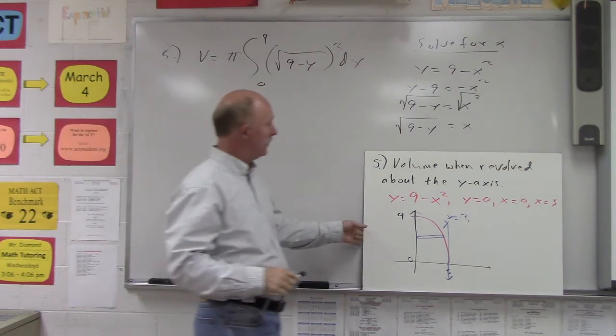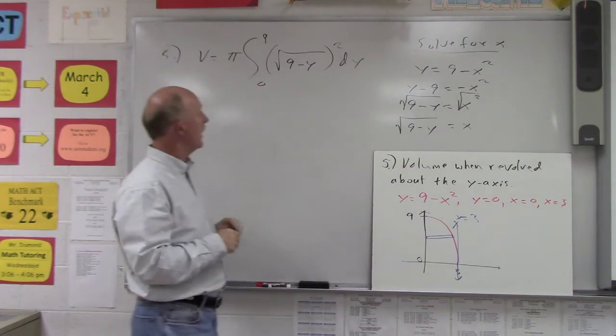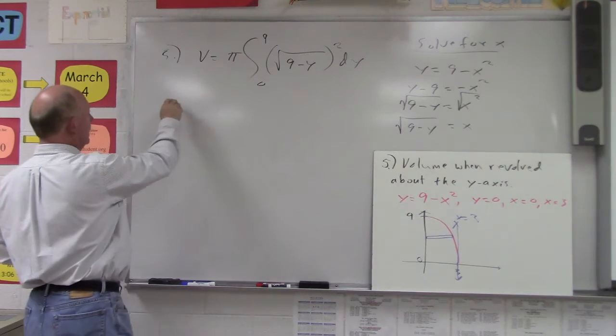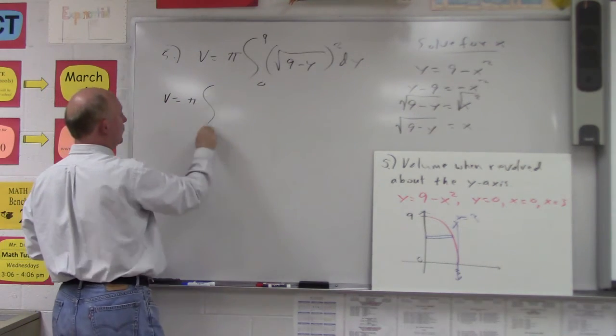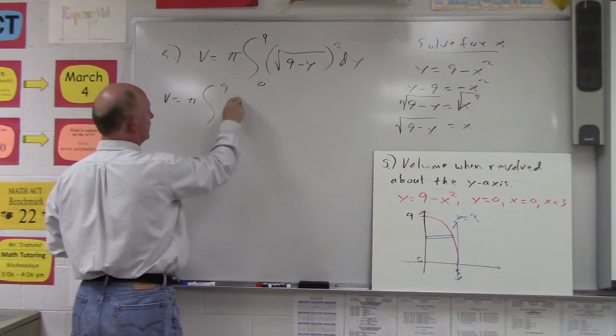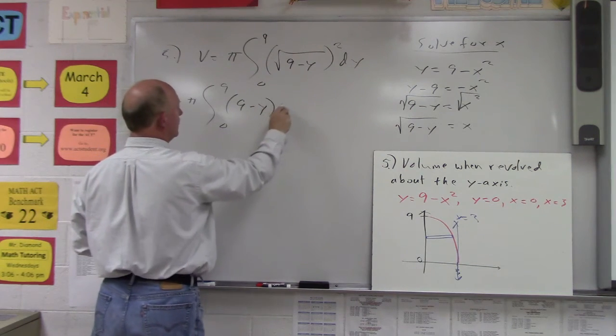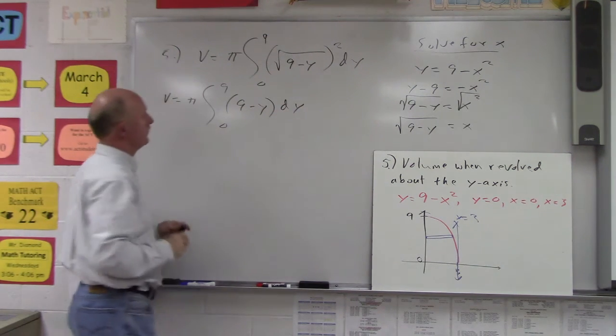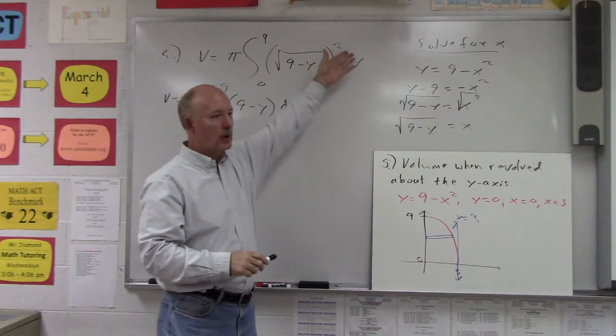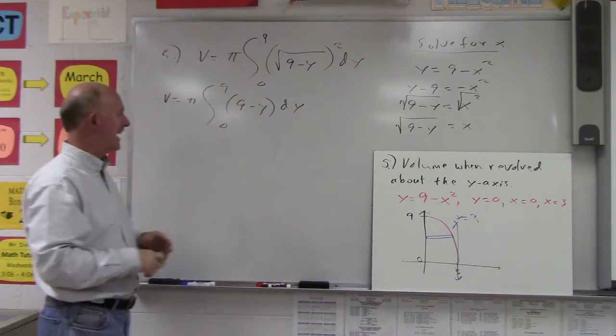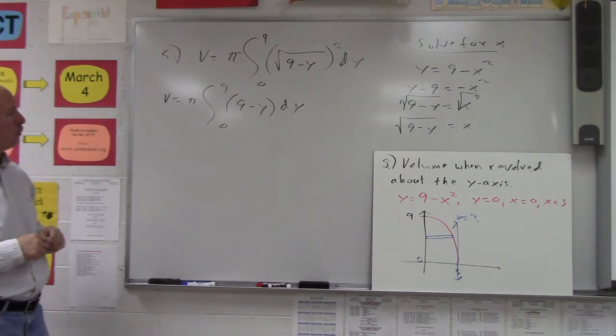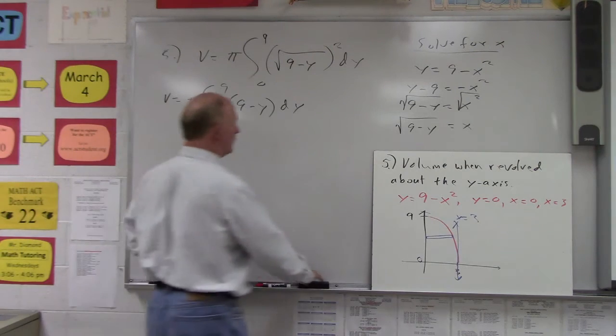To begin with, let's see if we can simplify our integrand. Our volume then becomes pi times the integral from 0 to 9 of 9 minus y dy. Remember, when you square your square root, the square and the square root cancel out. That just gives us 9 minus y. That should be pretty simple to do.